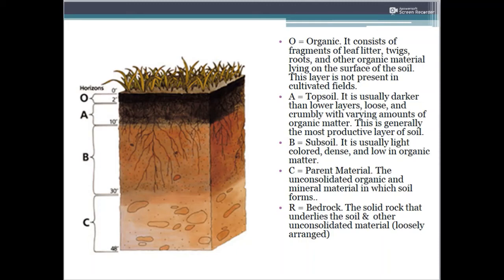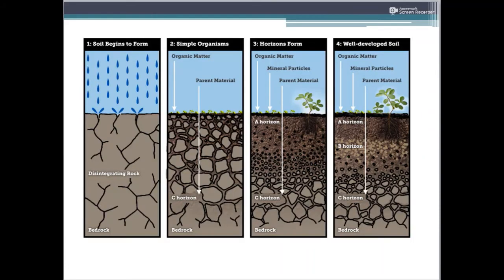Now, if you look into these different horizons, all of them are not formed by a single process. You can see that various processes contribute to the formation of soil. If you take the R horizon, which contains the bedrock that has not been disintegrated, you can see that soil formation mainly begins with the disintegration of some rocks.